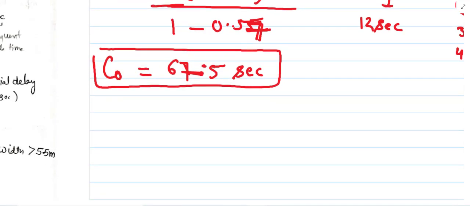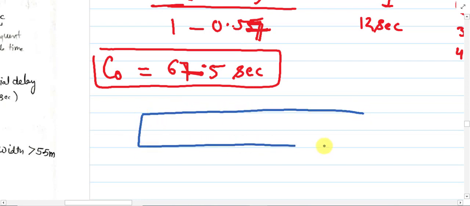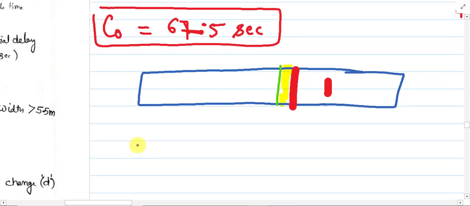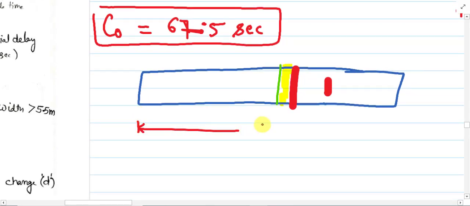So I can say that this is the total length of my phase diagram. In this phase diagram I have green time, I have a clearance time which is your amber time, and similarly the red time. So the length of this phase will be 67.5 seconds.